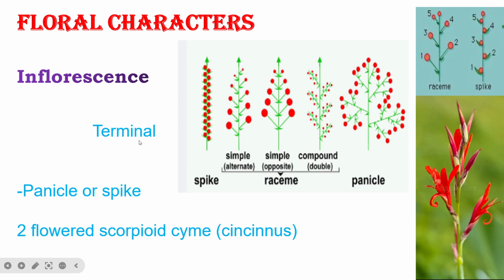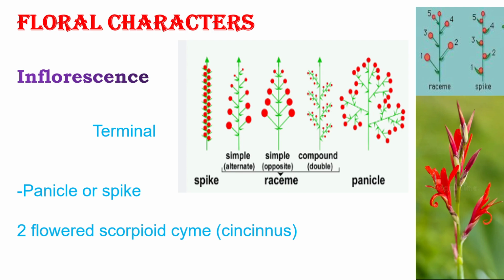Inflorescence is a panicle or spike, usually with two flowered scorpioid cyme produced in the axils of bracts. Panicle means compound raceme. Peduncle shows indefinite growth, that means continuous growth, and produces so many lateral branches.